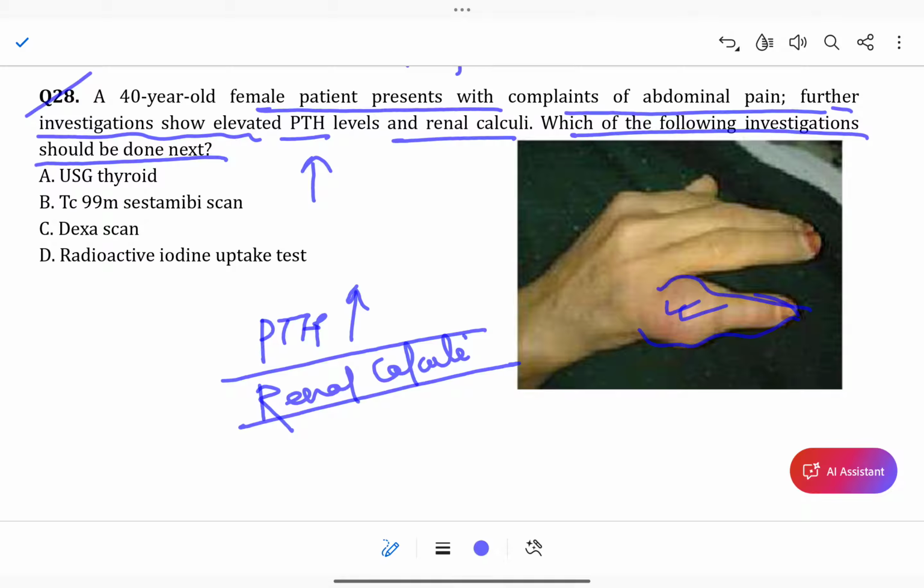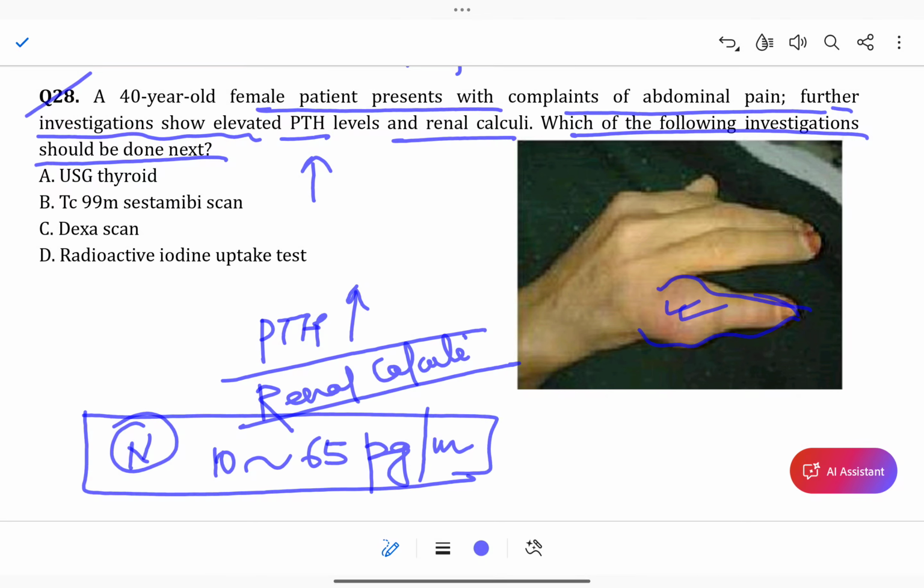What is the normal level of PTH? Generally, the normal PTH level is 10 to 65 picograms per milliliter.